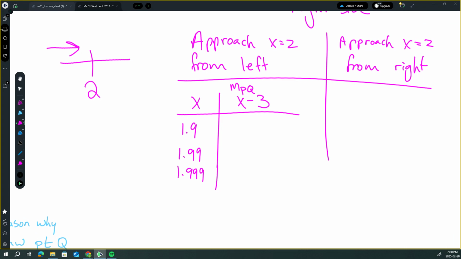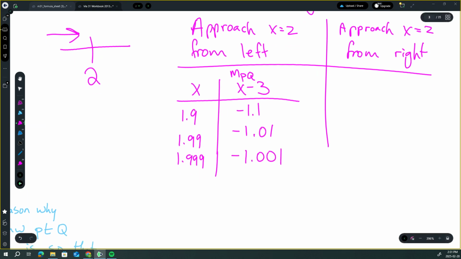If you put 1.9 into x minus 3, you get negative 1.1. If you put 1.99 into x minus 3, you get negative 1.01. If you put 1.999 into x minus 3, so your slope for your secant line, you get negative 1.001.